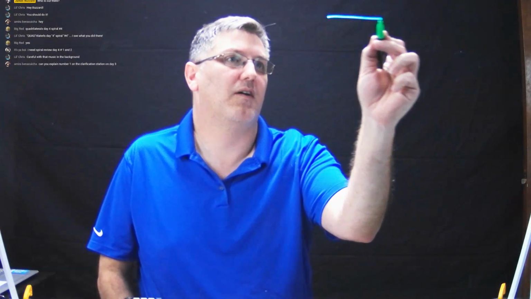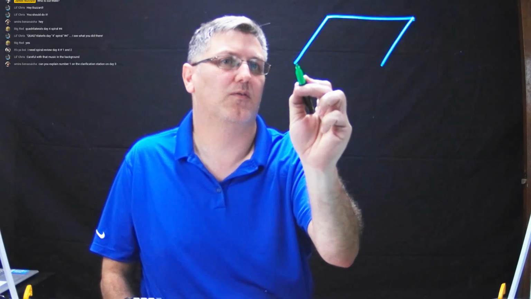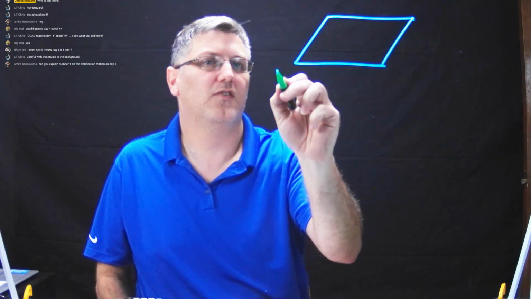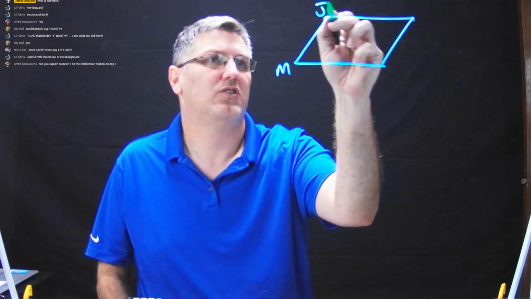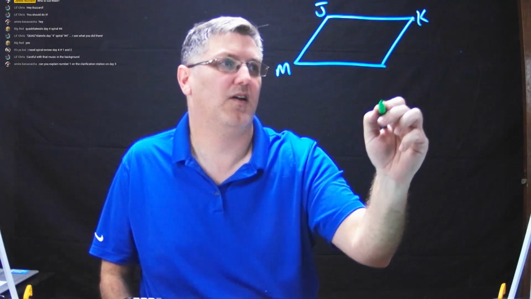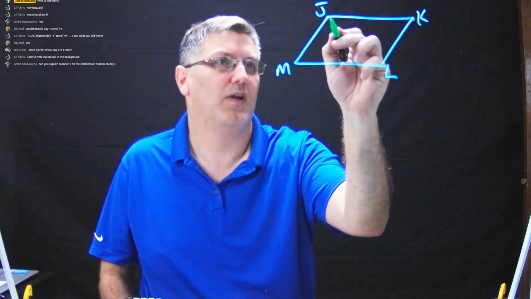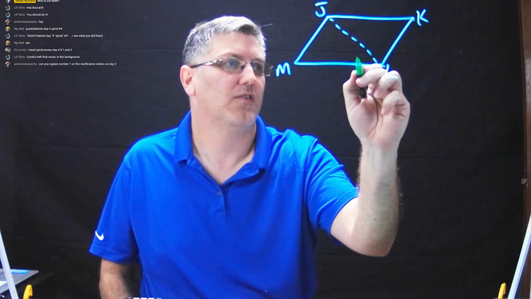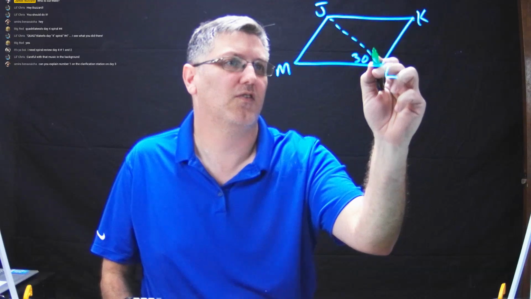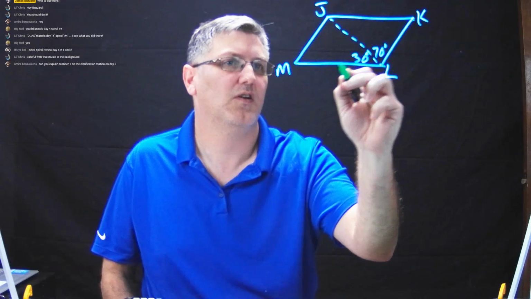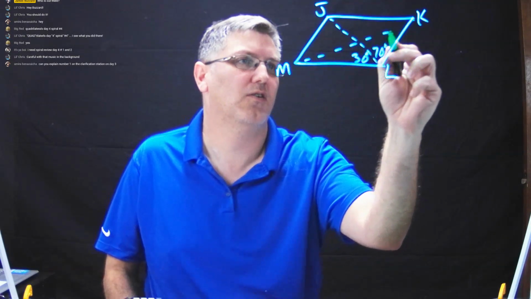Okay. So on number 1, we're dealing with a parallelogram. Let me draw in what we have. We have a parallelogram like so. This is M, J, K, L. We have the diagonals here. This is 30 degrees, this is 70 degrees, and we have another diagonal here.